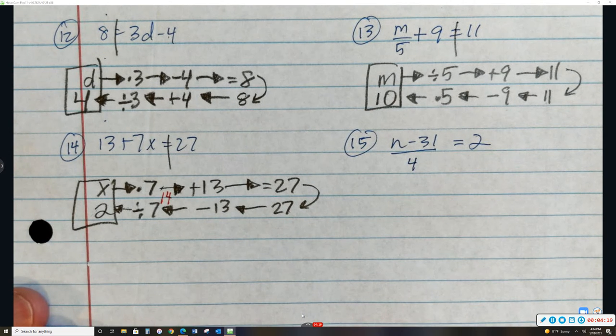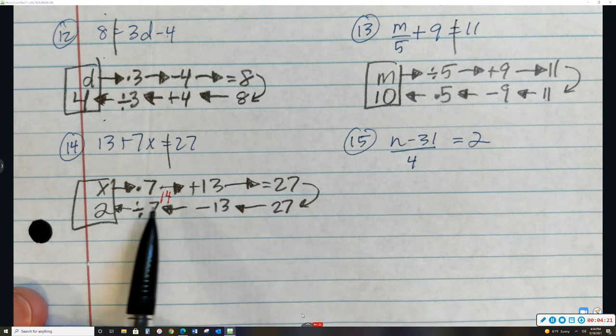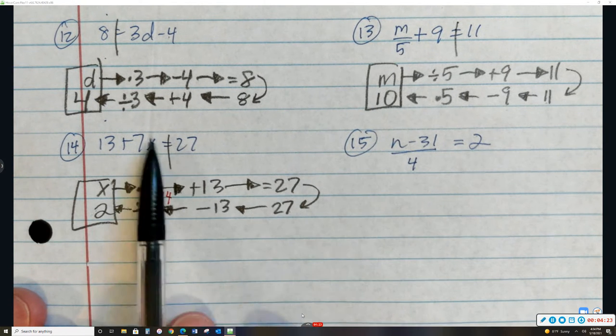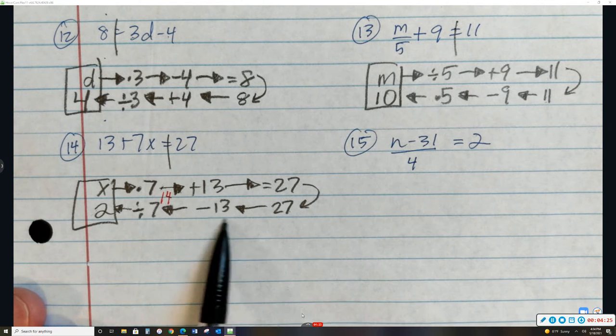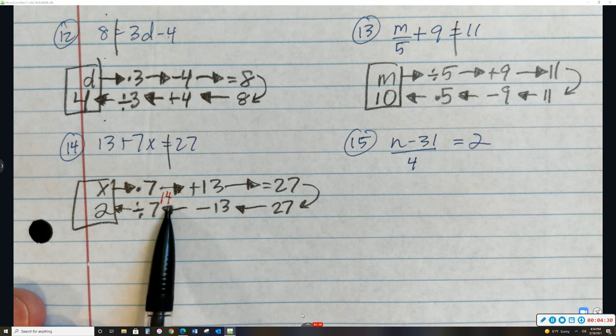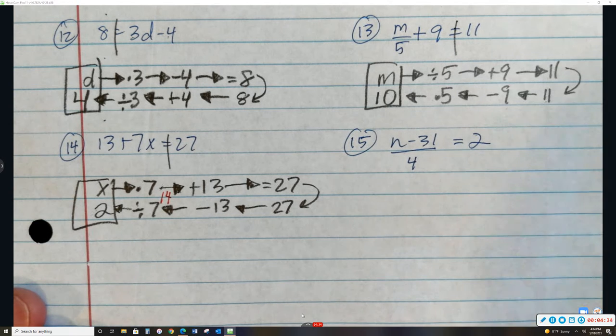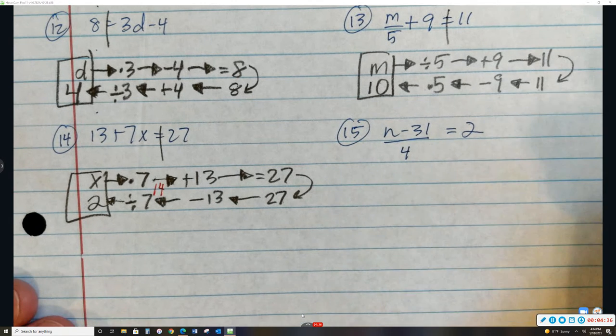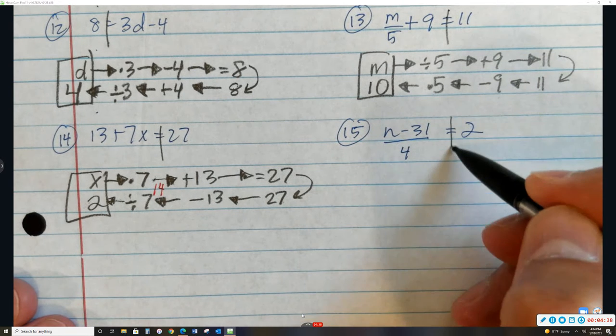Okay. Now notice I haven't been writing this number down because most of the time I can remember it. But this 27 minus 13, that's a head scratcher. That's 14. And just so I could remember, I wrote it down there. Most of the time I can remember, but sometimes I cannot.